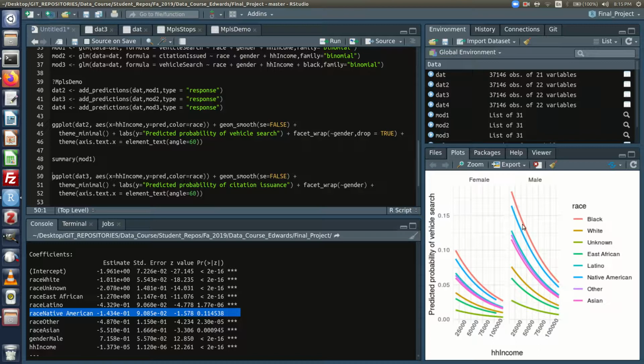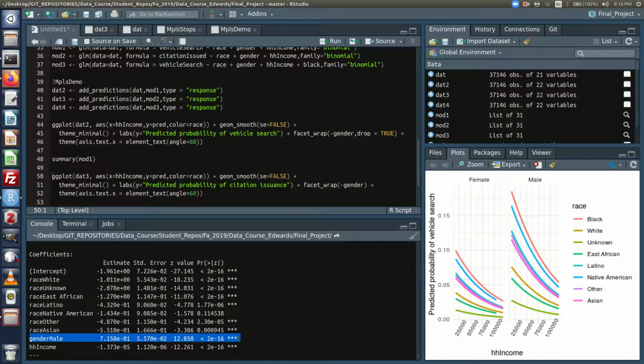So we look over here in our plot, and sure enough, there's black, there's Native American. Those two are not different. That's what this is telling us. Race other, it's different. We see that that's smaller. Asian, different, smaller. Now, gender male. What's missing here? Well, female. So it's just comparing the male versus female. There is a difference.